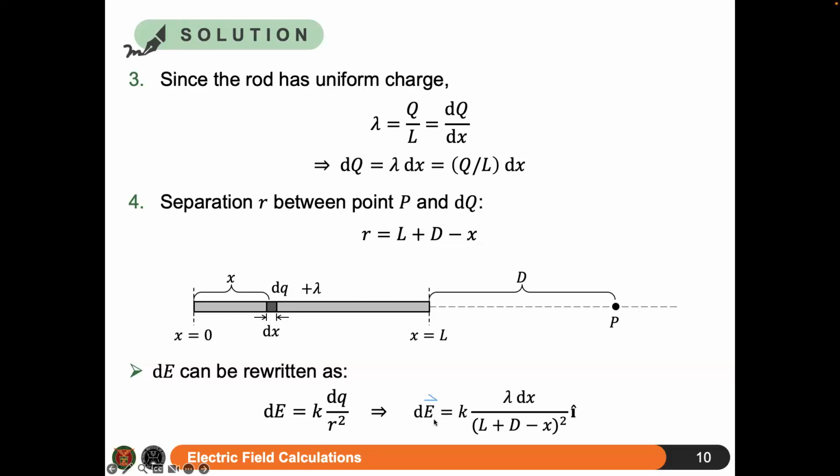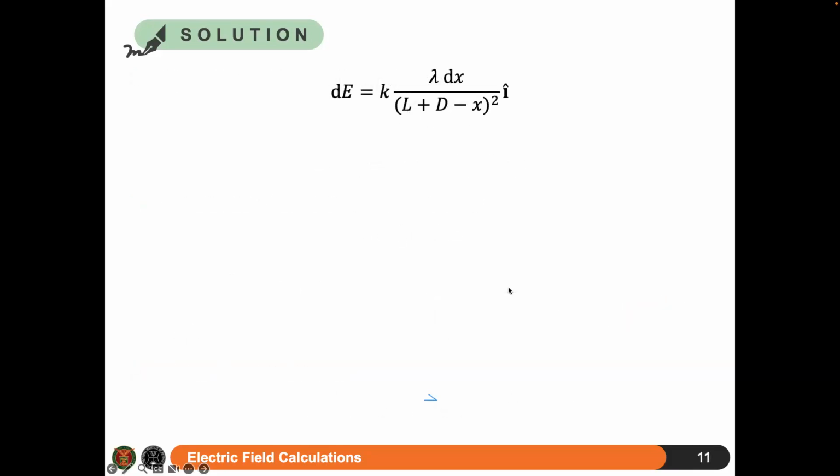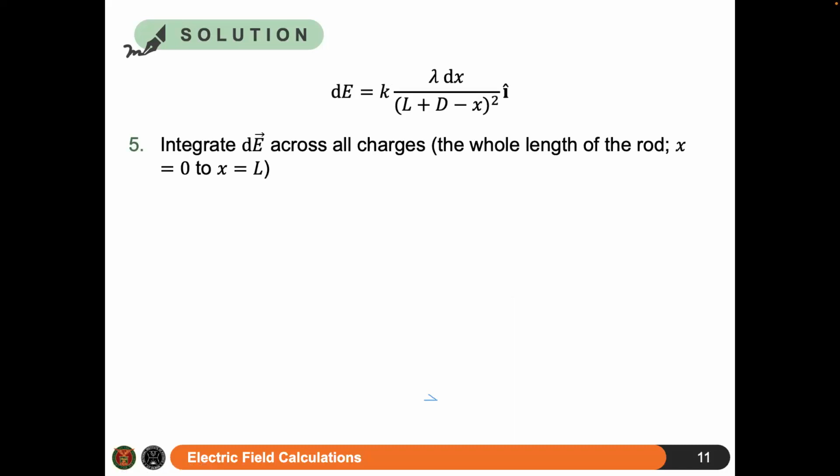So dE vector is k lambda dx over (L plus d minus x) squared i hat. Okay? And then we integrate this vector across all charges for the whole length, from x equals 0 to x equals L.